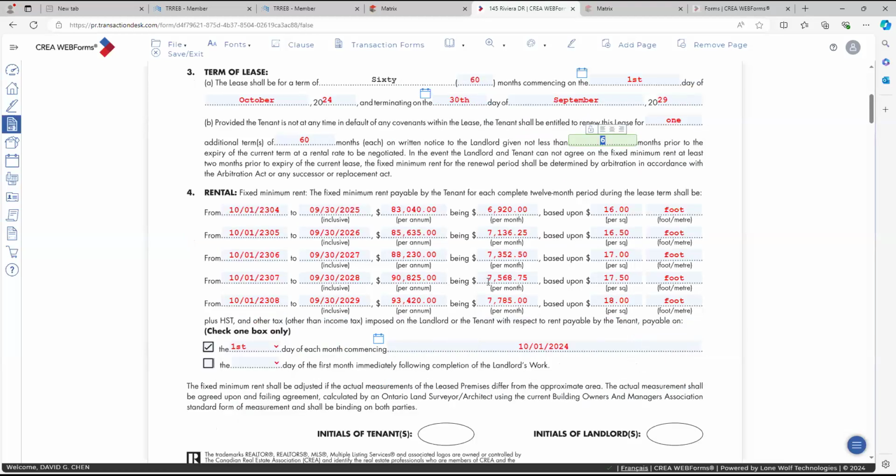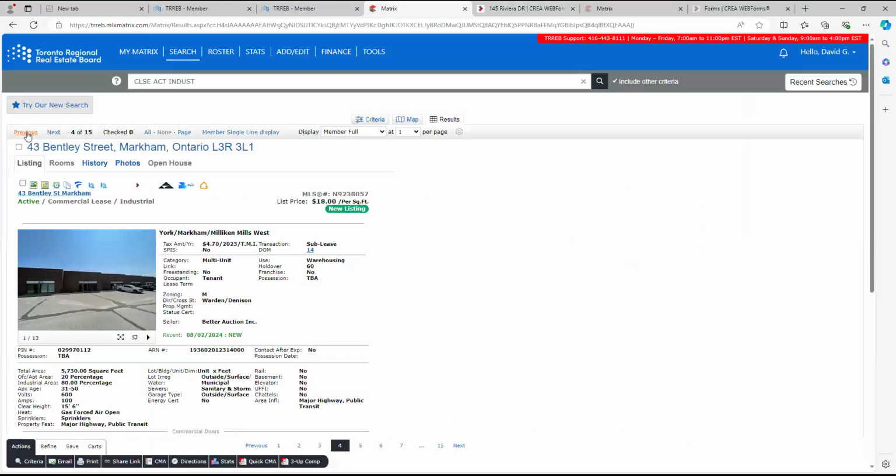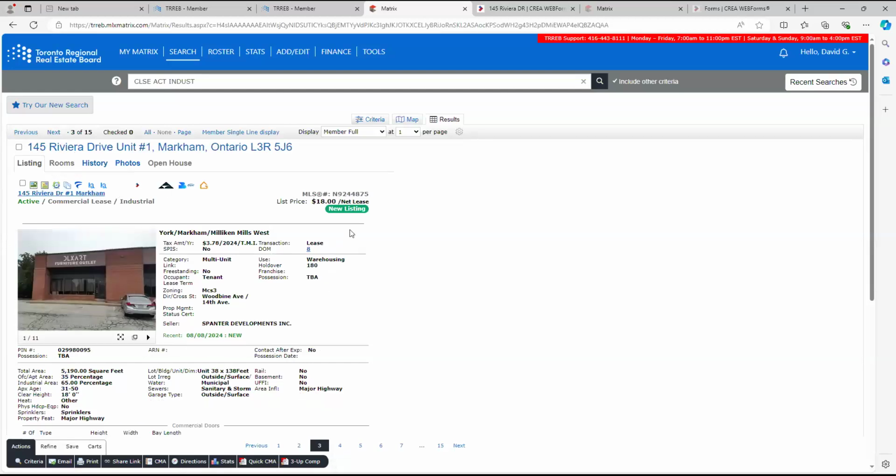Okay, we're going to the important issue now. As I said at the beginning, they are looking for a 5 year term, right? So remember how much they're asking on the listing. They're looking for $18 per square foot. Let's say I searched the area already and looked at the previous leases.